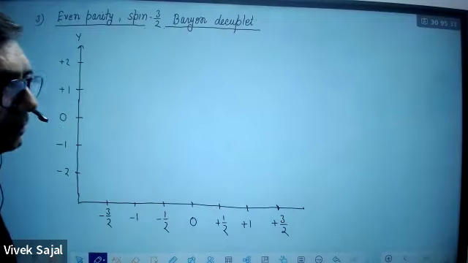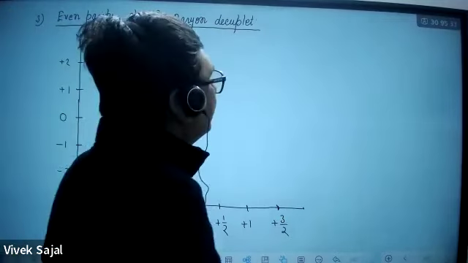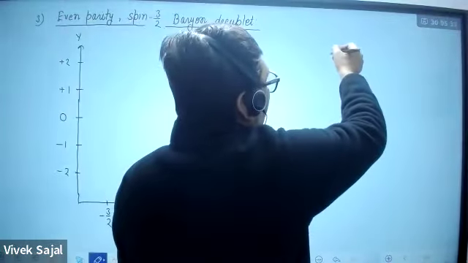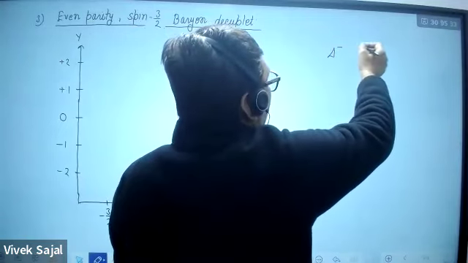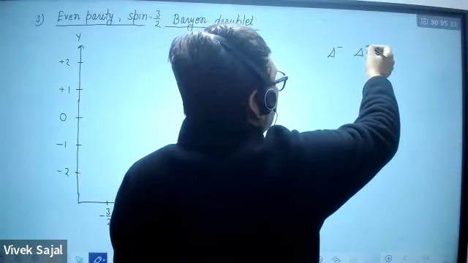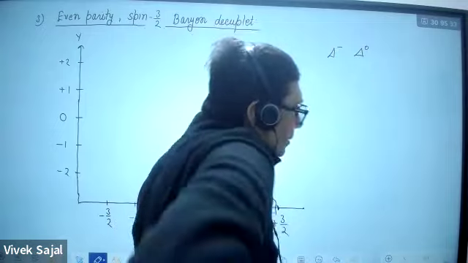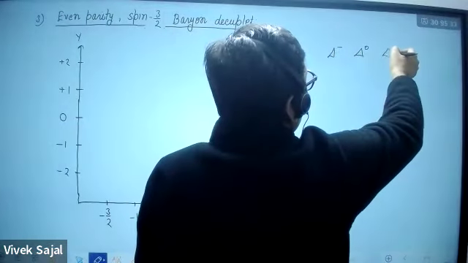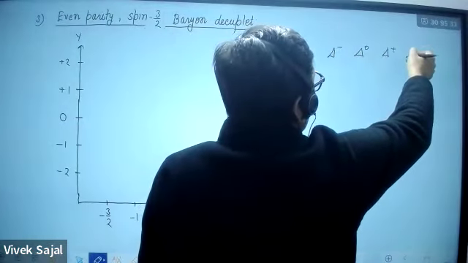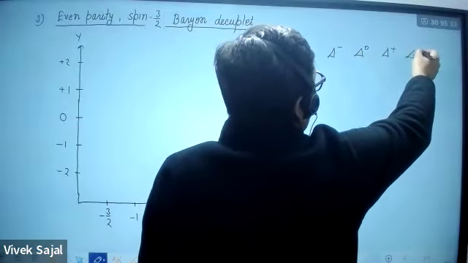So the first category is these delta particles. I'm writing in reverse order: delta minus, delta naught, delta plus, delta plus plus. So you have to write B plus S.